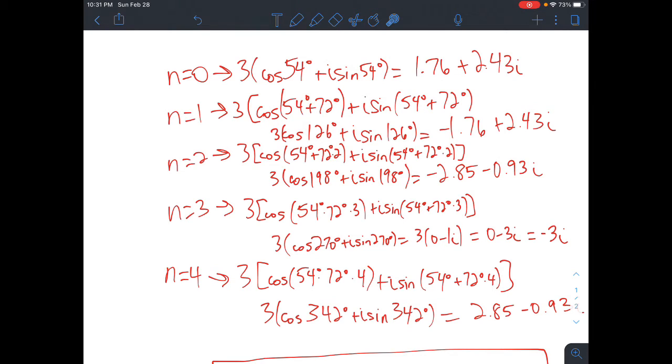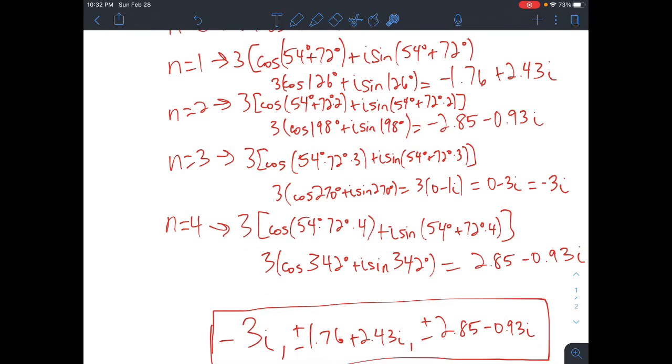Then when I plugged in 3, I saw that 72 degrees times 3 plus 54 degrees equaled 270 degrees, and I knew that was a unit circle angle. The cosine of 270 degrees equals 0, and the sine of 270 degrees equals negative 1, so I distributed, and I got 0 minus 3i, which equals negative 3i.